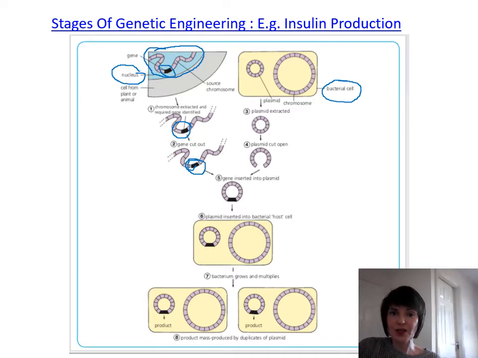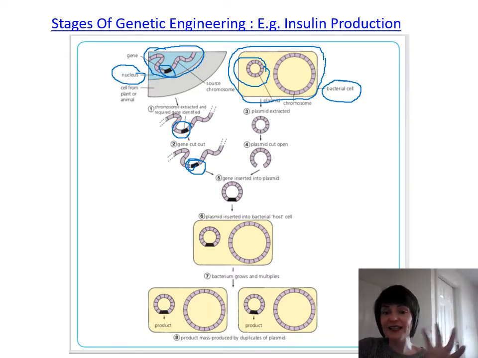So this is our bacterial cell here, very similar to the one that we've got on the previous slide. And what we're interested in is this plasmid. The plasmid is going to act as a little link between the animal cell and the bacterial cell.